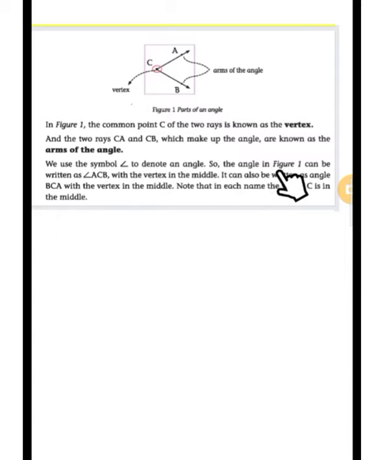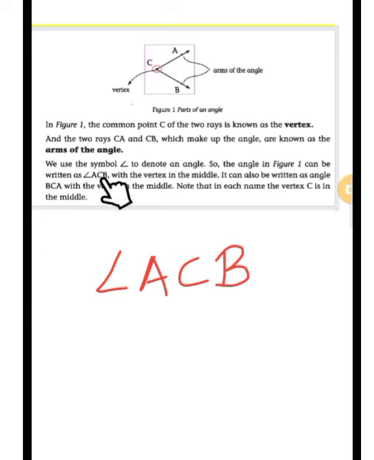So, the angle in figure 1 can be written as angle ACB, with the vertex in the middle. See here, in this name the letter C is in the middle, that is the vertex. It can also be written as angle BCA.